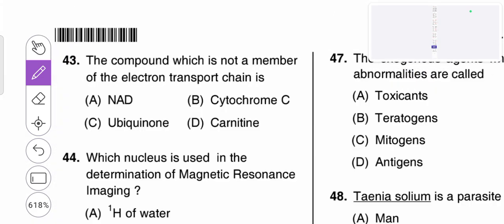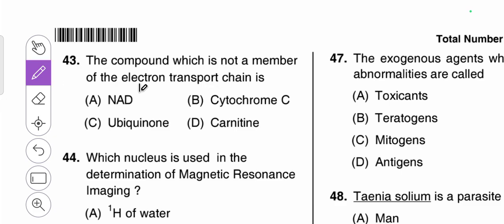Then 43. The compound which is not a member of the electron transport chain.